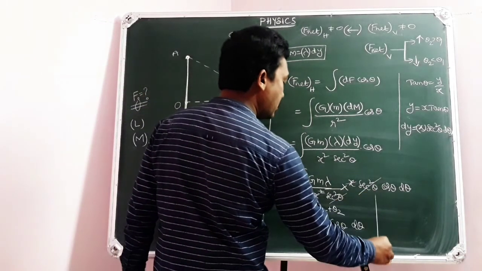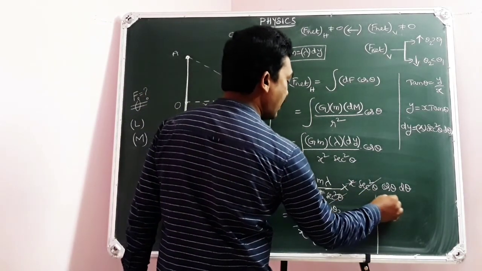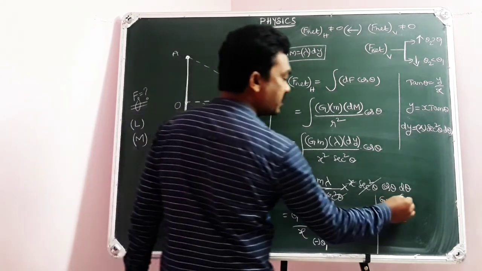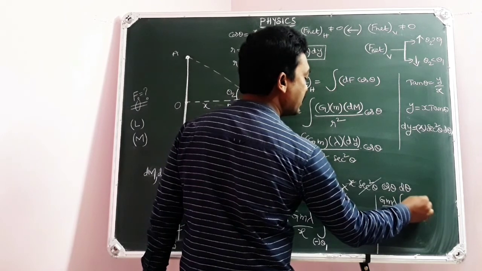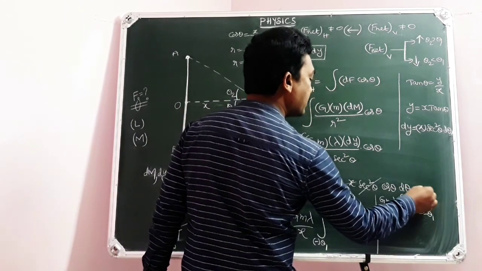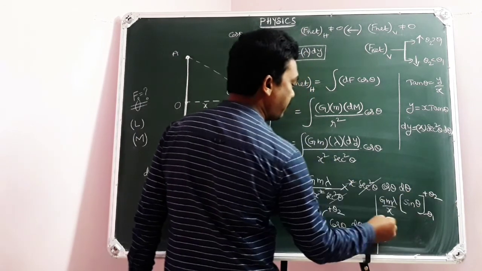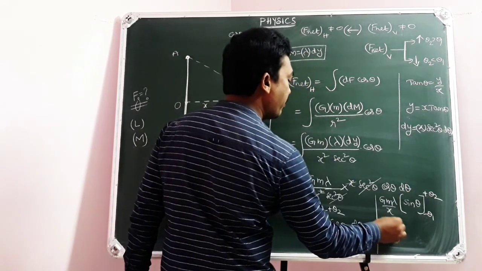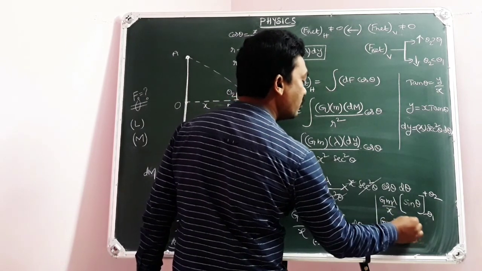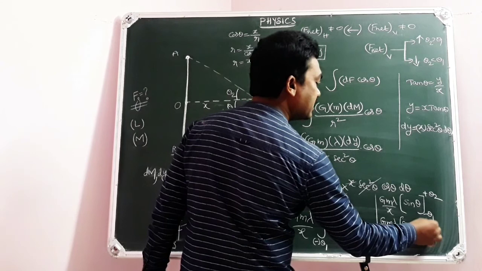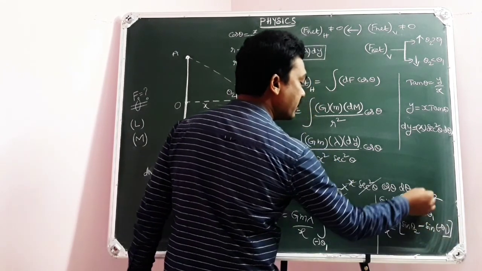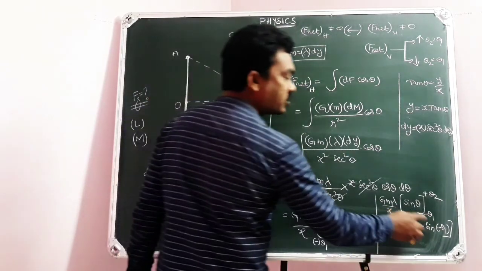G m lambda by x into cos theta integration is sin theta, between the limits minus theta 1 to plus theta 2. So first the upper limit, G m lambda by x into sin theta 2 minus the lower limit, sin of minus theta 1. We first substitute the upper limit, next the lower limit.